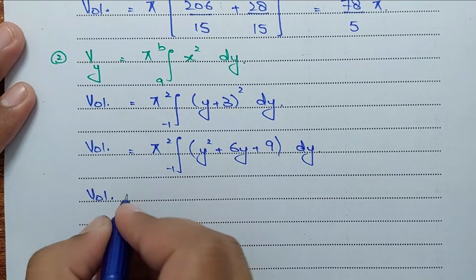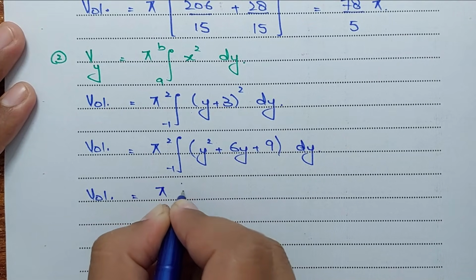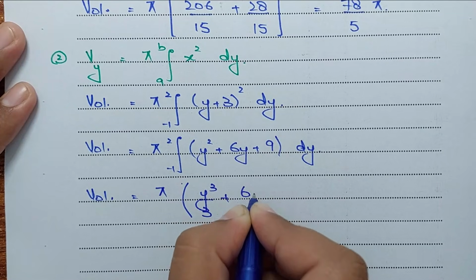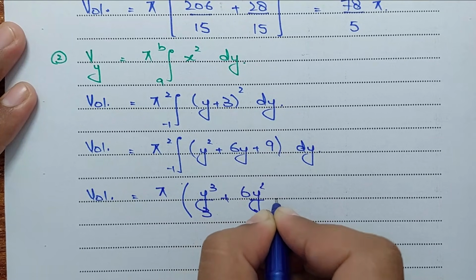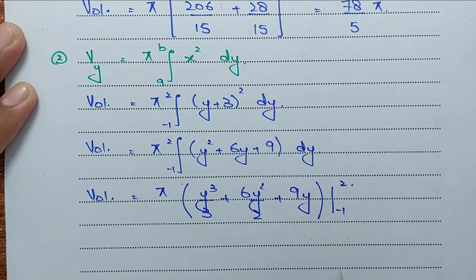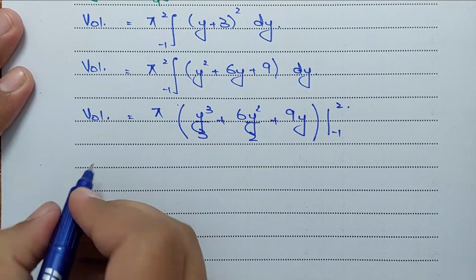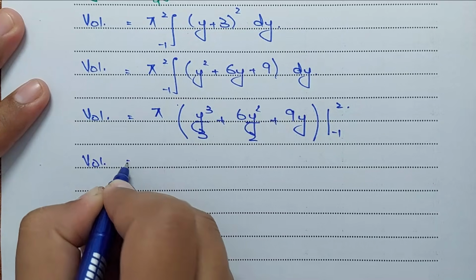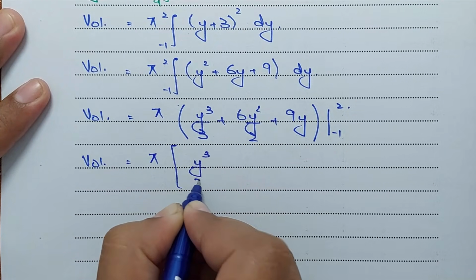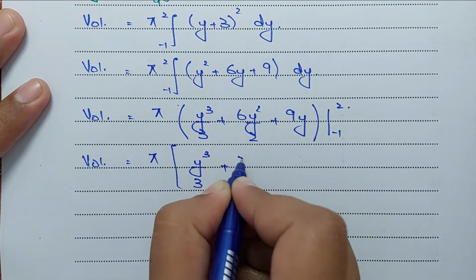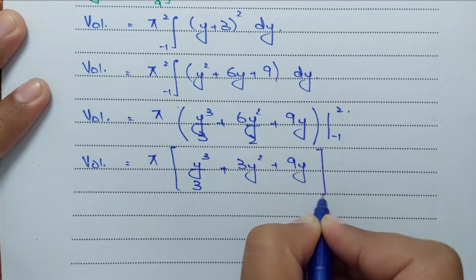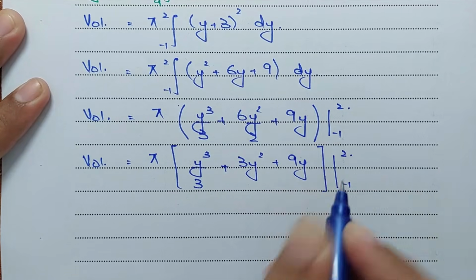Now let me integrate. We have pi times y cubed over 3 plus 6y squared over 2 plus 9y, from minus 1 to 2. We need to apply the limits. So the volume is pi times y cubed divided by 3 plus 3y squared plus 9y, with limits from minus 1 to 2.